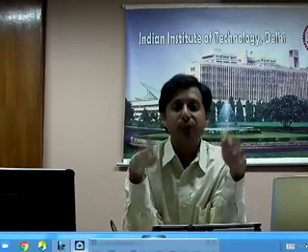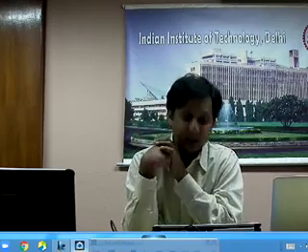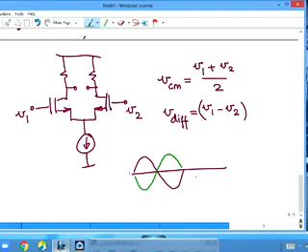If you want to do it by inspection, use Norton's theorem, especially if it's a MOSFET based circuit. I hope you are referring to a circuit which has MOSFETs in it. Or in other words, the voltage gain is going to be output impedance times the transconductance. So use this and do it step by step.